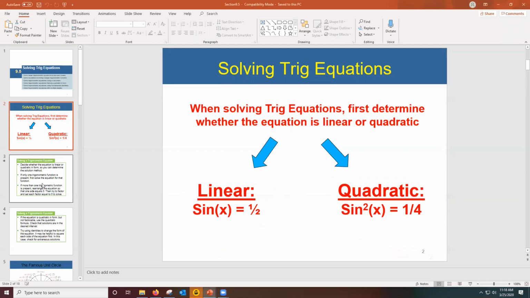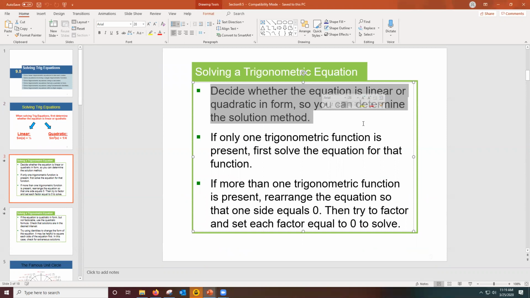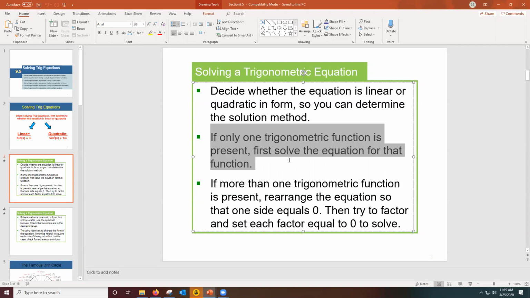Here's a step-by-step process that we can follow to solve these equations. I mentioned this first step: figure out if the equation's linear or quadratic so you can determine the solution method you're going to use. Also, check out if there's only one trig function in the equation.